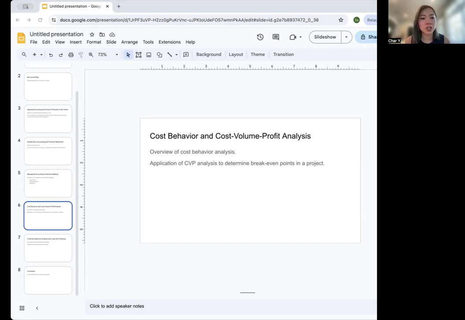The contribution margin is sales revenue minus variable cost, and understanding that can help us prioritize the more valuable projects.